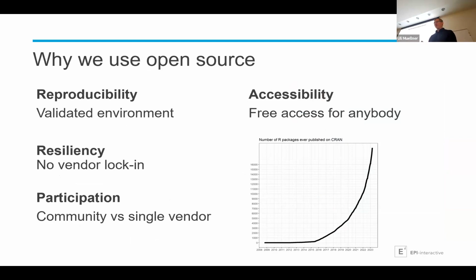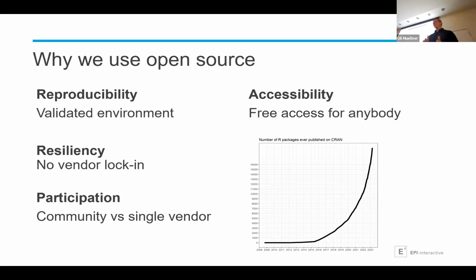So what's important to look at, and we believe the big advantages, to start with is reproducibility. That's what we already said around trust, so that you have a validated environment and you allow others to reproduce what you've done.